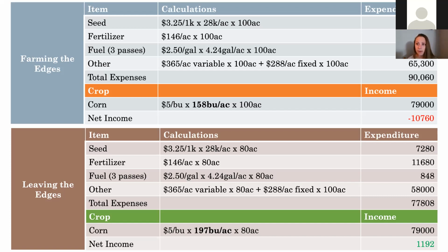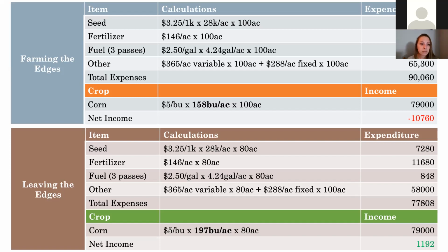But using these same numbers, the only things that I have changed are the variable costs, and then our bushels per acre go up because we're not including those acres that are losing us money. So it's 197 bushels an acre over 80 acres rather than 158 bushels an acre over 100 acres.